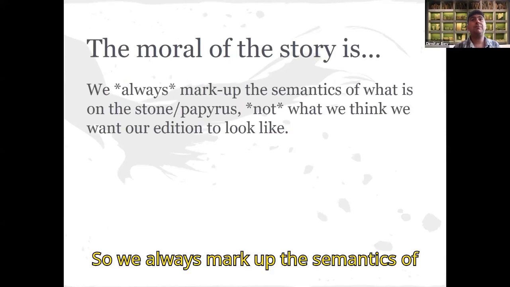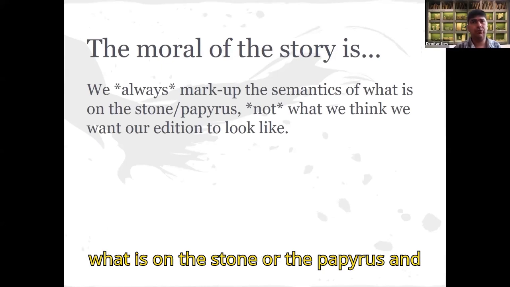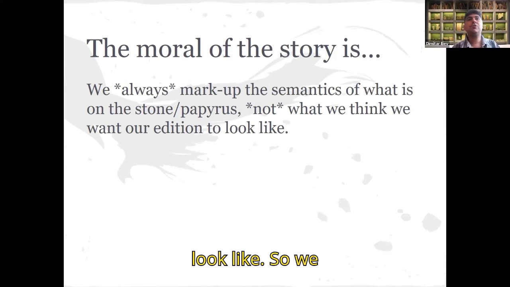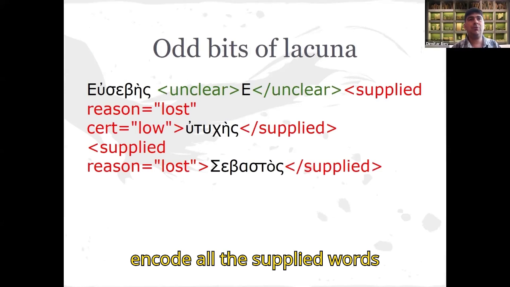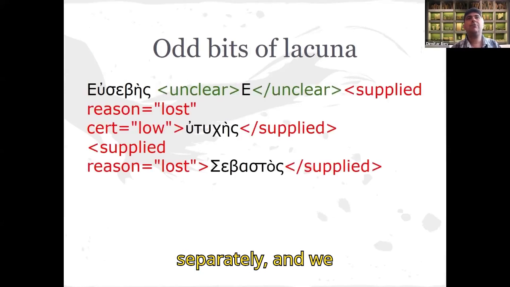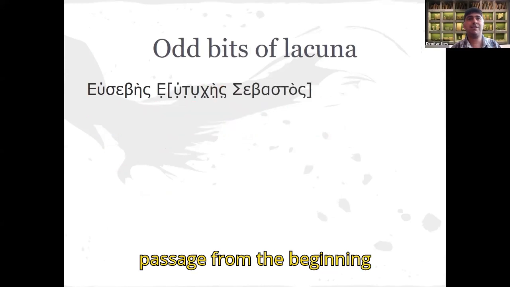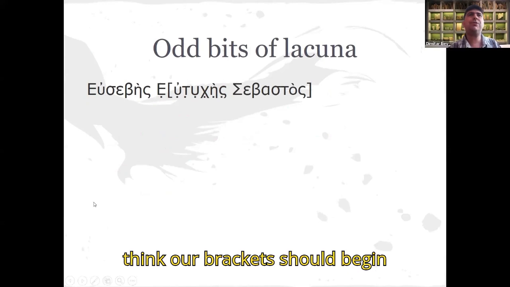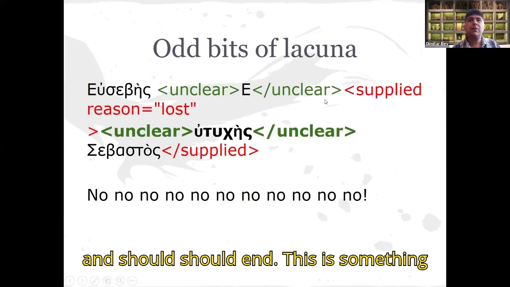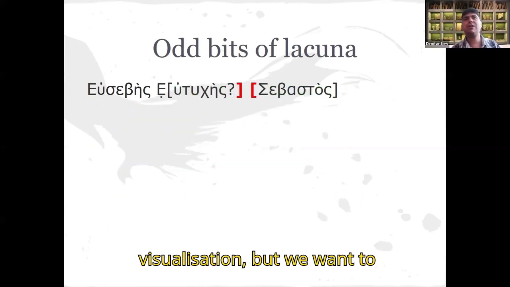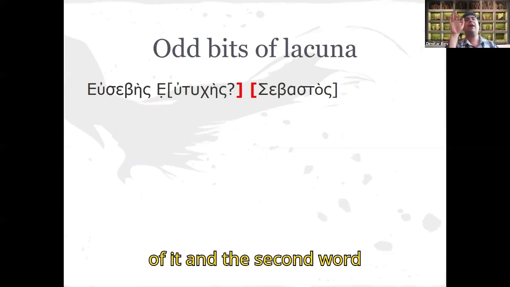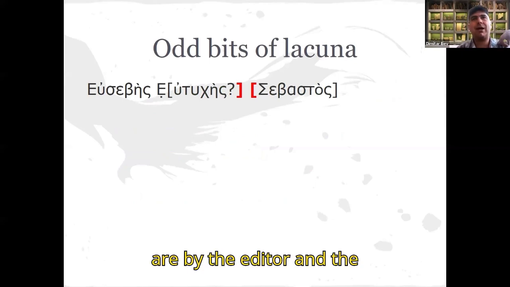So we always mark up the semantics of what is on the stone or the papyrus, and not what we think we want our edition to look like. So we encode all the supplied words separately, and we don't encode the whole supplied passage from the beginning until the end, where we think our brackets should begin and should end. This is something which is taken care of by the visualization. But we want to indicate that both the first word or part of it and the second word are supplied by the editor.